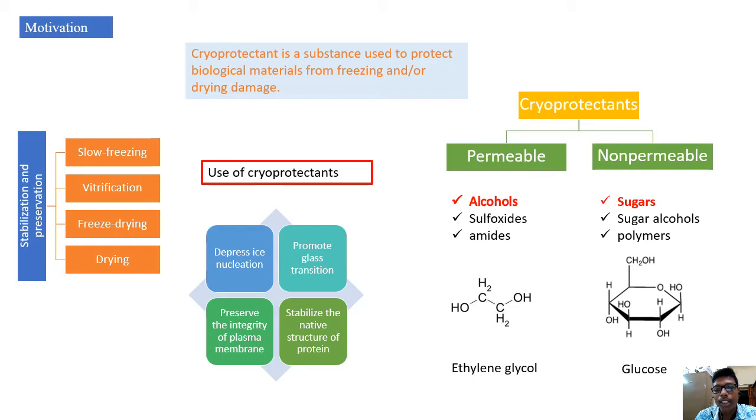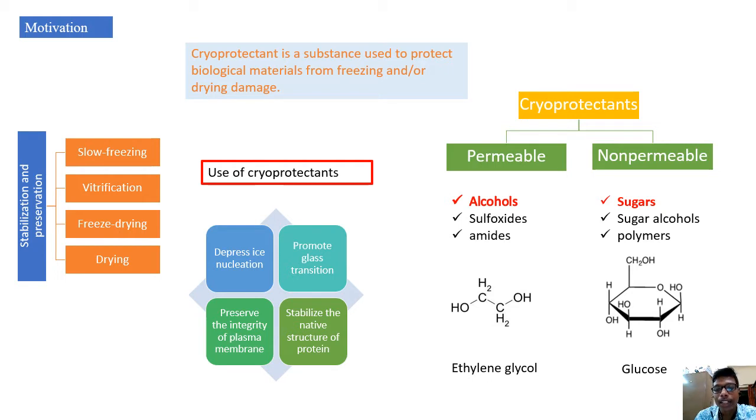Permeable cryoprotectants can diffuse through the cell membrane and can act in both intra and extracellular space. Alcohols, sulfoxides, and amides are common examples of permeable cryoprotectants. On the other hand, sugars, sugar alcohols, and polymers are non-permeable cryoprotectants.